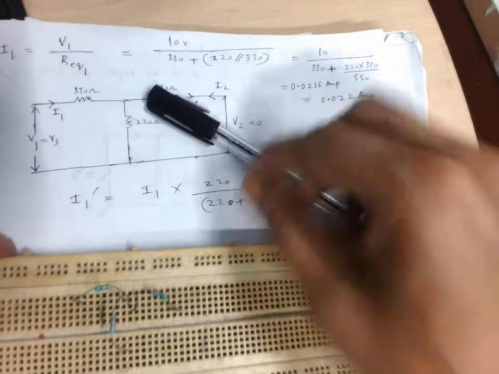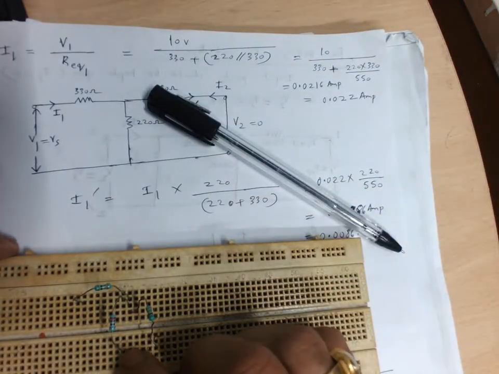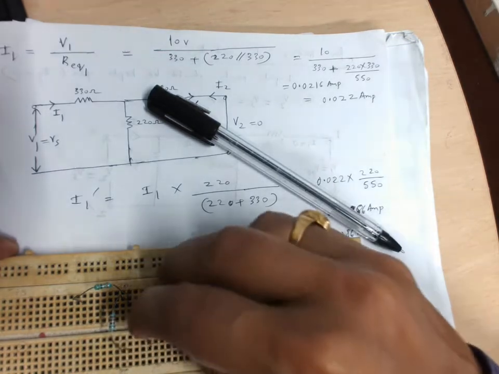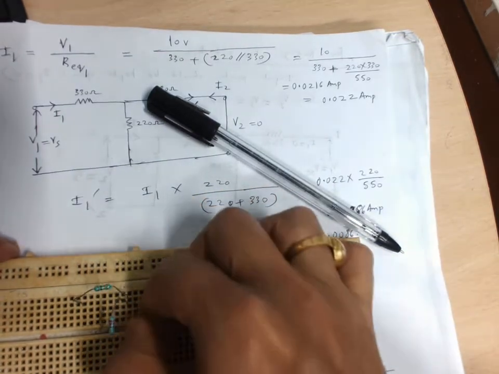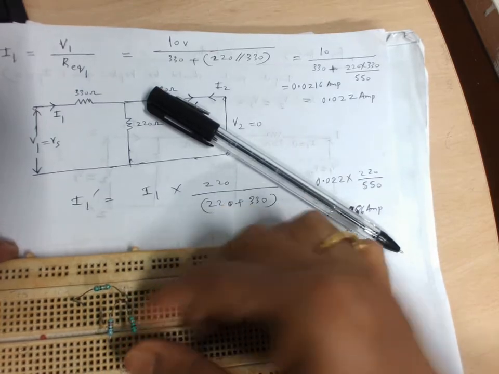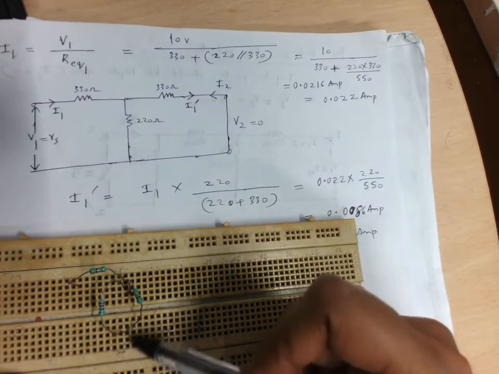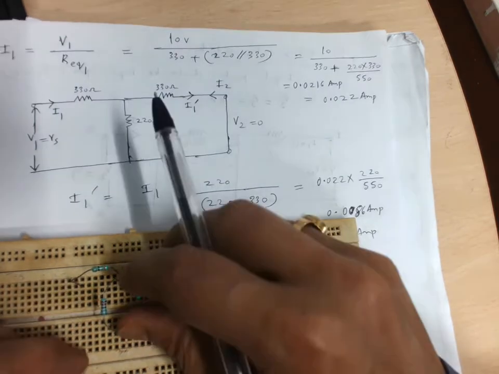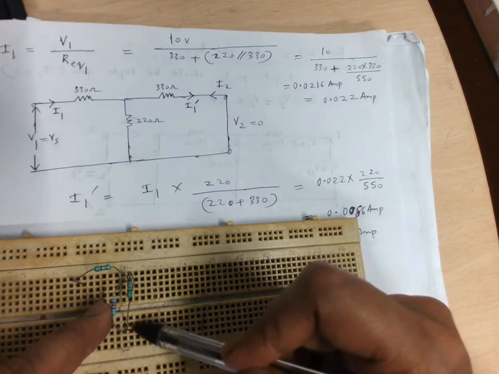So you can do this thing: this lead of 220 and this lead of 330, these two will be connected at the same vertical line, as these two leads are shorted. Okay, now see, these two are connected at the same vertical line.